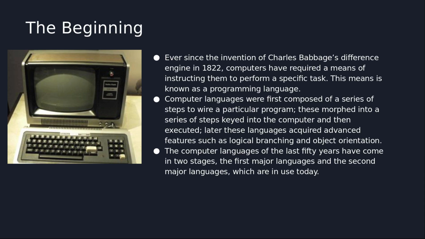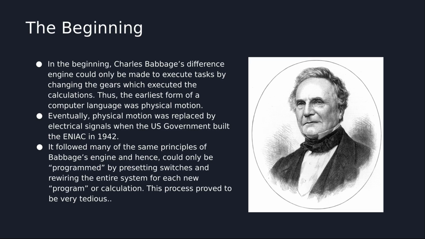In time, these morphed into series of steps keyed into the computer, then executed. Later, these languages acquired advanced features such as logical branching and object orientation. The computer languages of the last 50 years have come in two stages: the first major languages, and the second major languages, which are being used today.